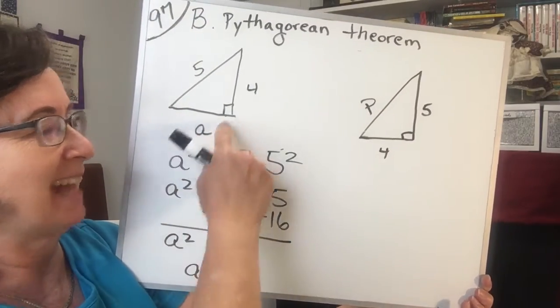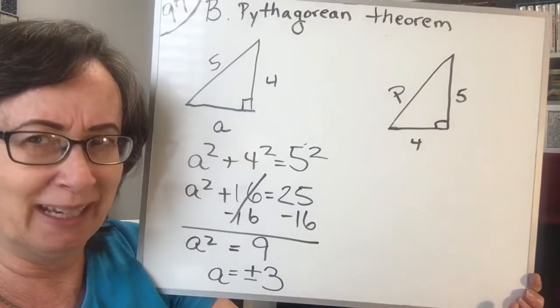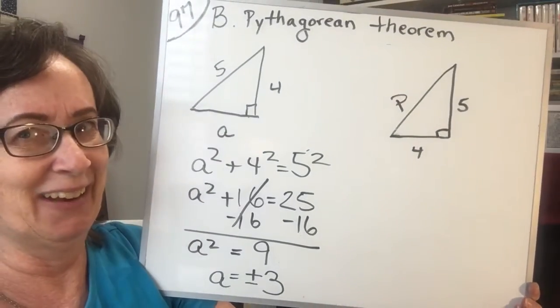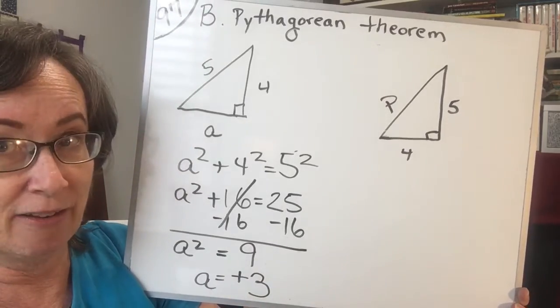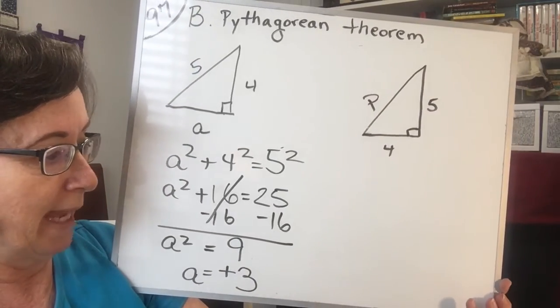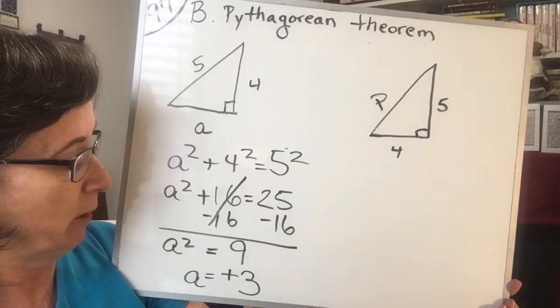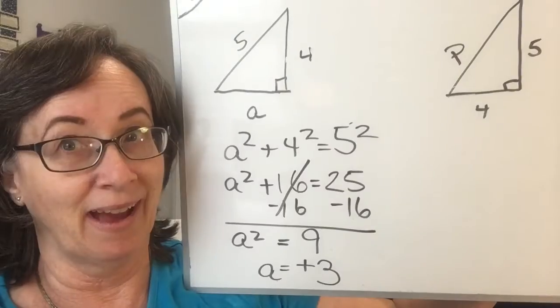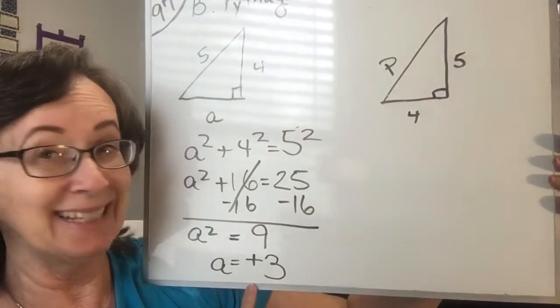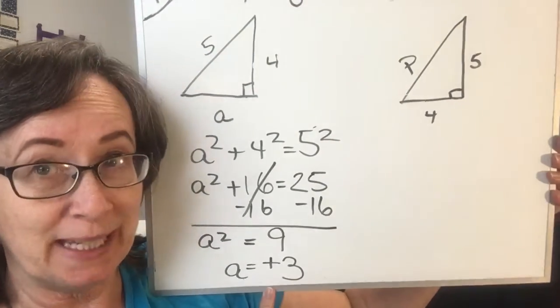Does that side length look like it could be a minus 3? No, it's going to end up only being the positive 3. Okay, so we're going to only use the positive one because it's a side length of a triangle, and sides of triangles cannot be negative.